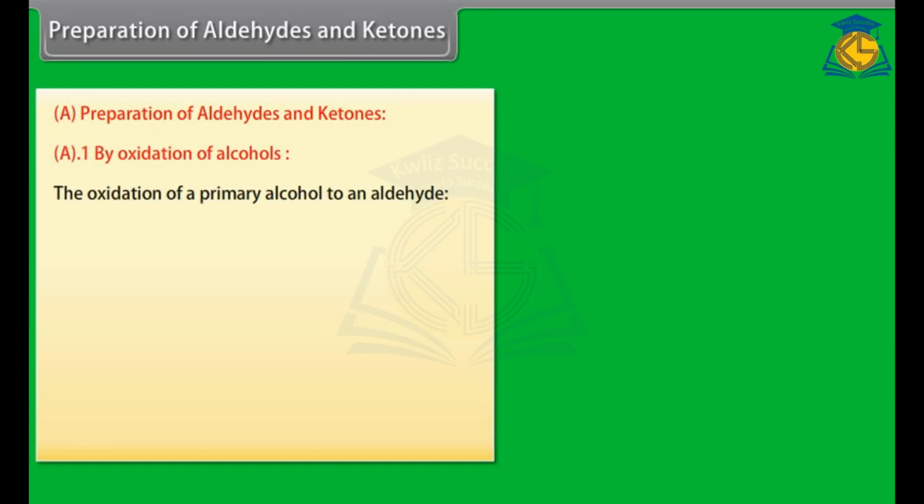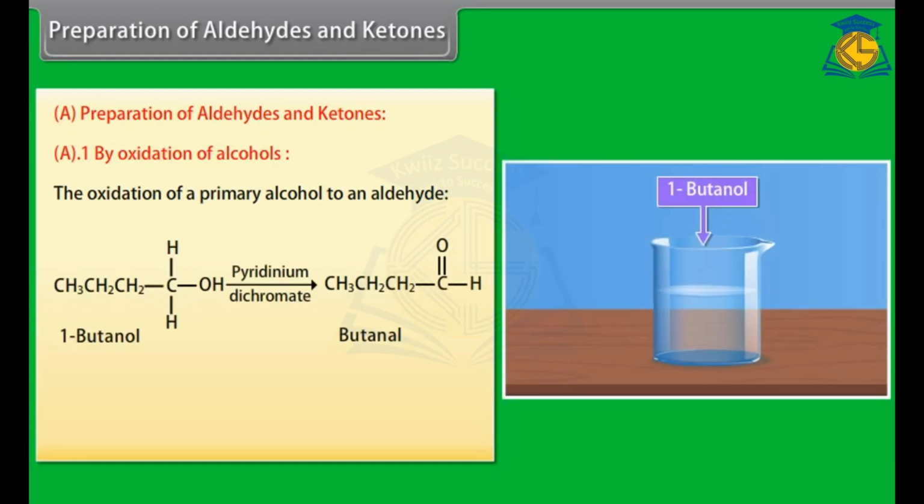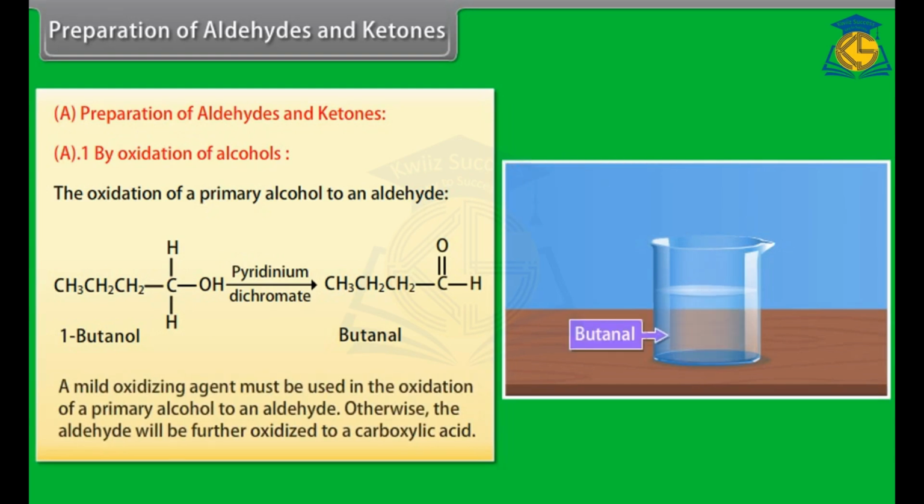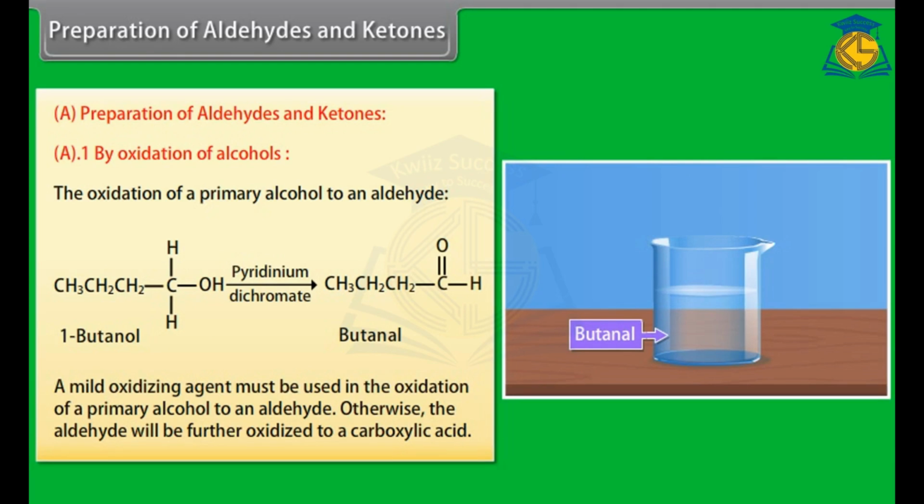The oxidation of a primary alcohol to an aldehyde. Butanol is oxidized in the presence of pyridinium dichromate and forms butanal. A mild oxidizing agent must be used in the oxidation of a primary alcohol to an aldehyde. Otherwise, the aldehyde will be further oxidized to a carboxylic acid.